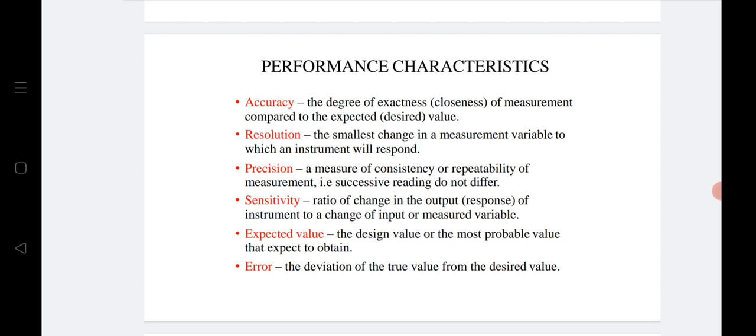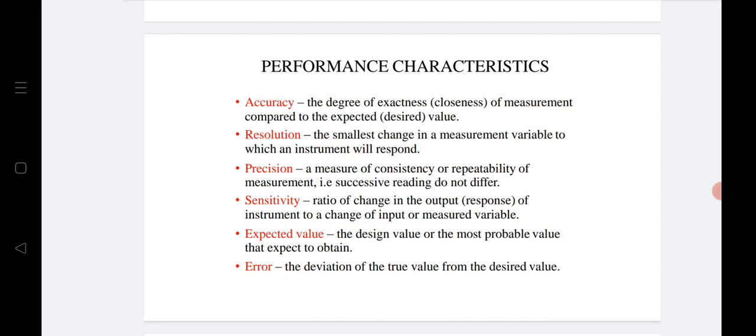What do you mean by resolution? It is the smallest change in the measured variable to which an instrument will respond. If I change a very small quantity, the instrument should respond to that small variation.